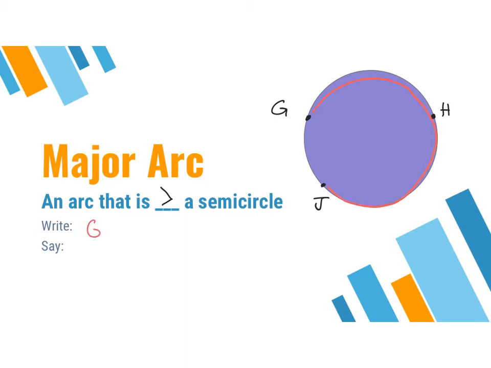So I would write GHJ with the big arc symbol above it, and I would say major arc GHJ. Major arcs and semicircles are the only time we use three letters. If I just said arc GJ, that would imply the minor arc between G and J. Okay, but because I put the H in there, it says, hey, you need to go past H first.